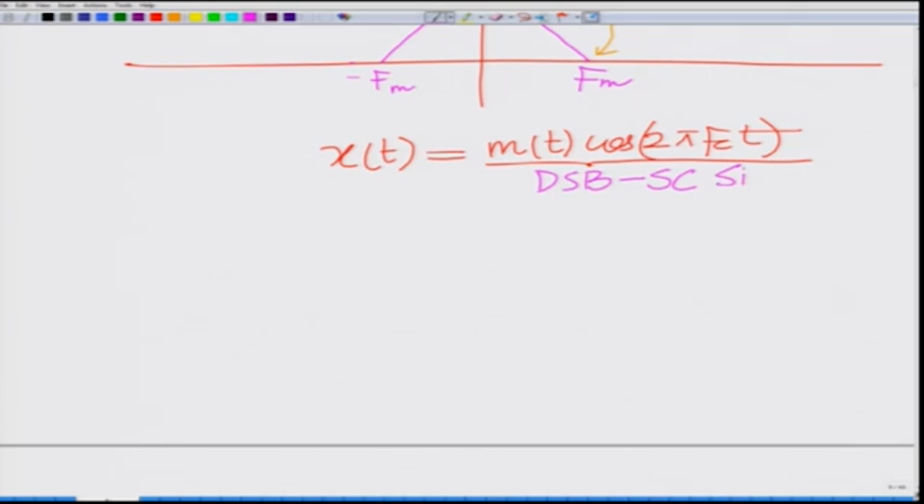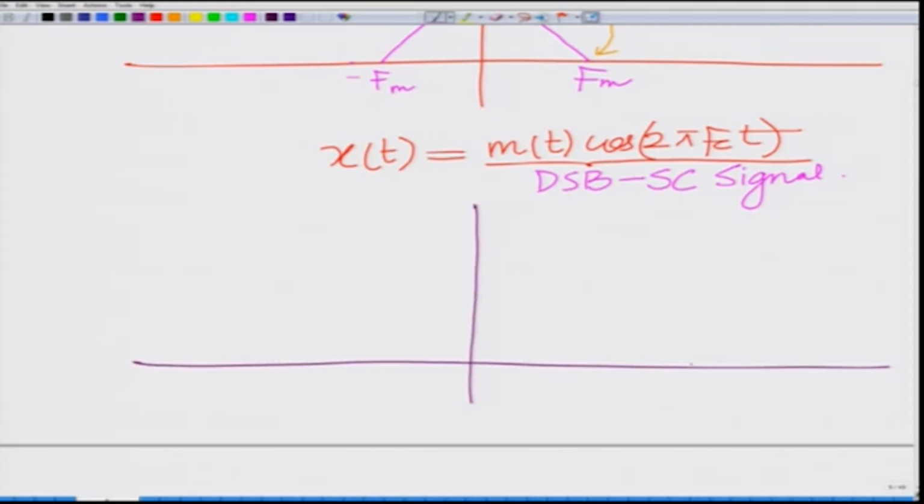The double sideband suppressed carrier signal has a spectrum that comprises two bands centered at fc, so from fc minus fm to fc plus fm.